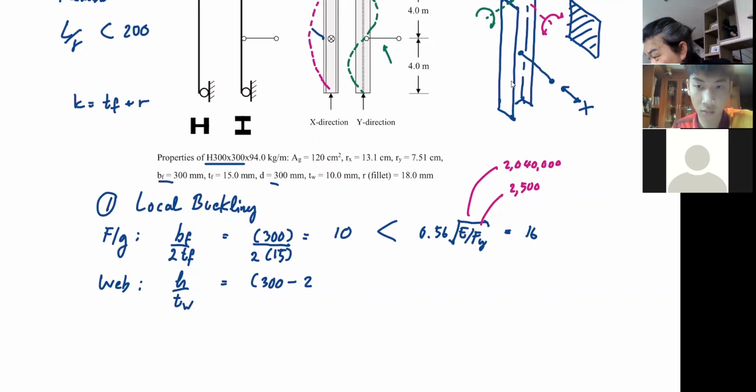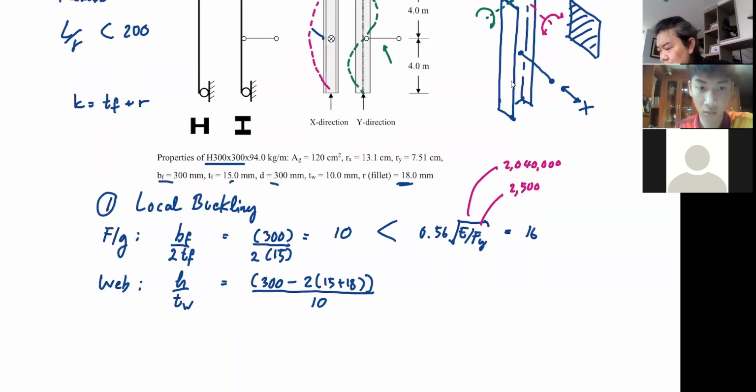And right here you have it. Fillet is 18 millimeters and the thickness of the flange is 15. So here is, say, 15 plus 18. Sorry for two parentheses. And the thickness of the web, it just incidentally is 10 millimeters.